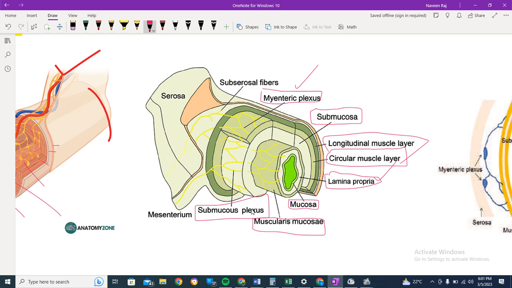Between the mucosa and submucosa we have the submucosal plexus, while between the submucosal layer and the muscularis externa, or muscularis propria layer, we have the myenteric plexus.